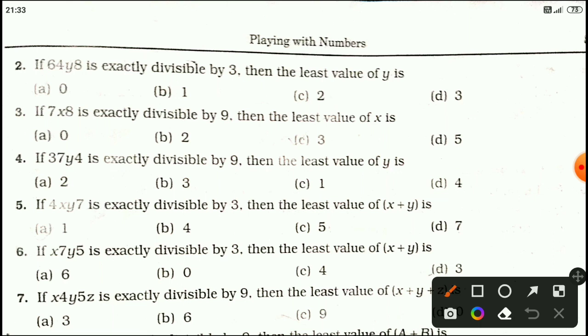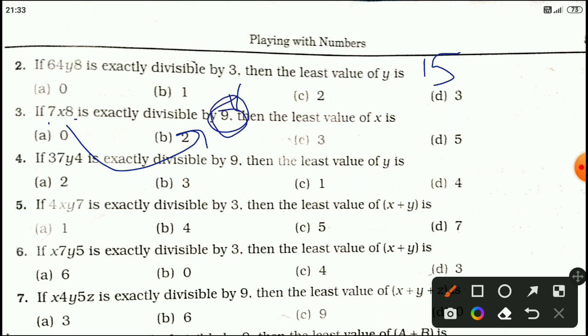Now, question number 3 is: if 7x8 is exactly divisible by 9, then the least value of x. We have to find the least value of x. So 8 and 7, 15. We are getting 15. The divisibility rule of 9 is the same as 3. It means the sum of the digits must be divisible by 9, then that number will be divisible by 9.